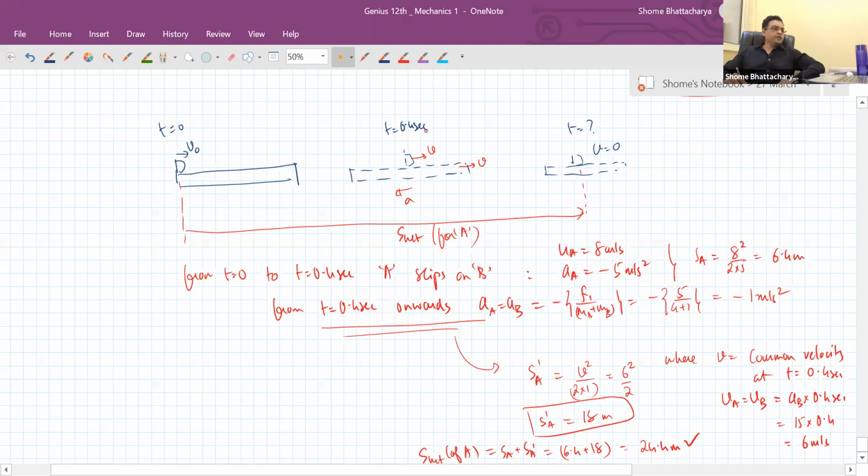But from 0.4 seconds till whatever this time is, which also we can figure out, because the common deceleration is 1 meter per second square, so 6 and 1, this time will be 6 plus 0.4, or 6.4 seconds.